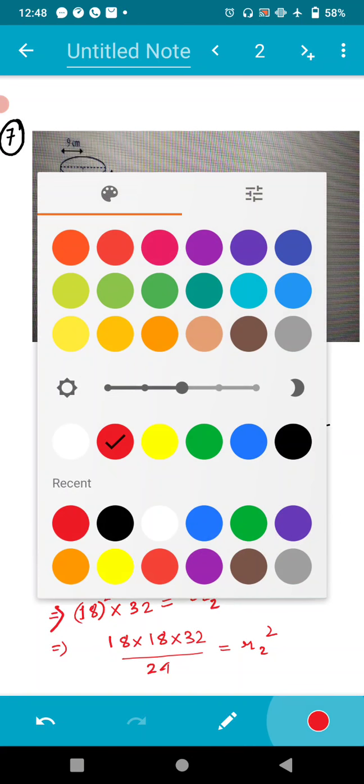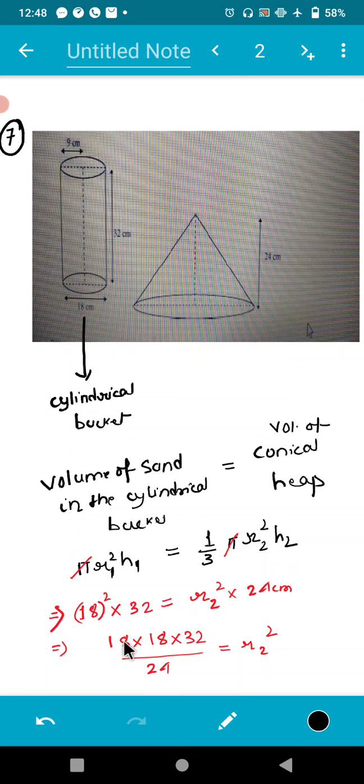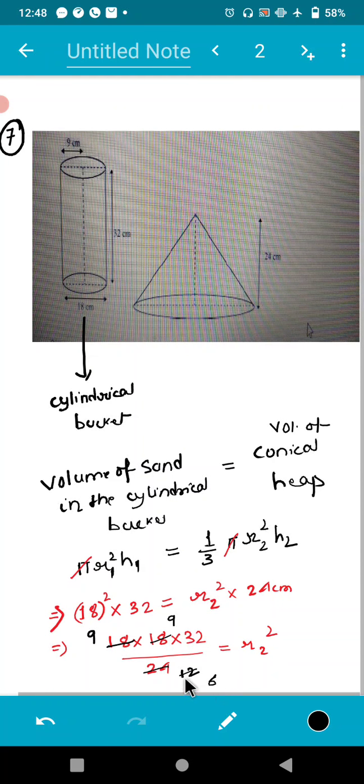Let's reduce these values. 2 9s are 18, 2 12s are 24, again 2 9s are 18, 2 6s are 12. Okay, so 3 3s are 9, 3 2s are 6, 2 1s are 2, 18s are.